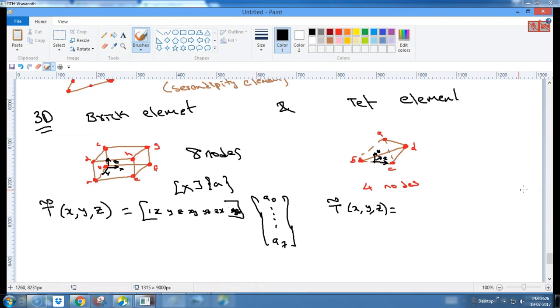Similarly, in here, pick 1, X, Y, Z, and so that will be my A0, A1, A2, A3. Or the alternate way of writing it is A0 plus A1X plus A2Y plus A3Z.